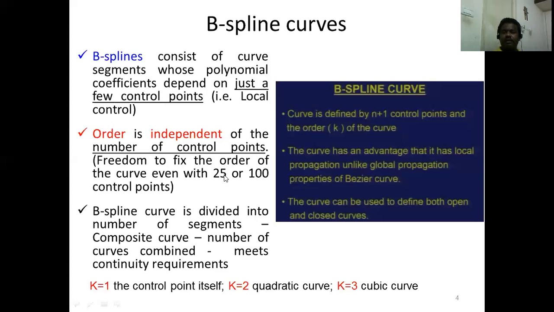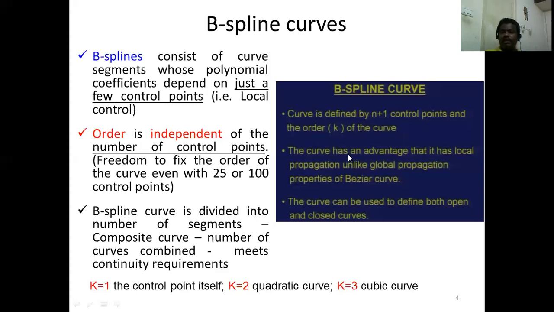That is a major advantage when compared to a Bezier curve. Here the K value, the number of control points influencing the shape, is determined by the user. The curve is defined by n+1 control points, and the order of the curve we can define. It is a user defined value.